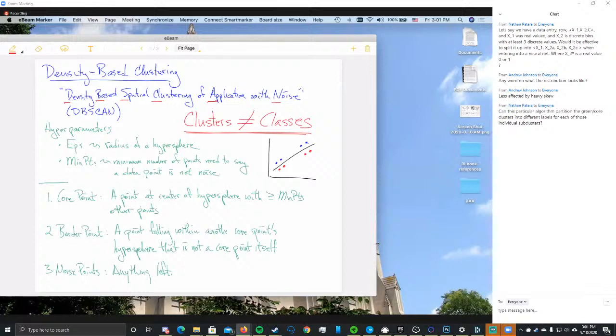In which case, if I did clustering, I have a cluster here, and I have a cluster here. If you use the classification measures to evaluate those clusters, you will get the wrong answer. So I'm flat out telling you, do not equate clusters and classes. Are there cases where they will be the same? Sure, but you can't guarantee it. Are there any questions about that?